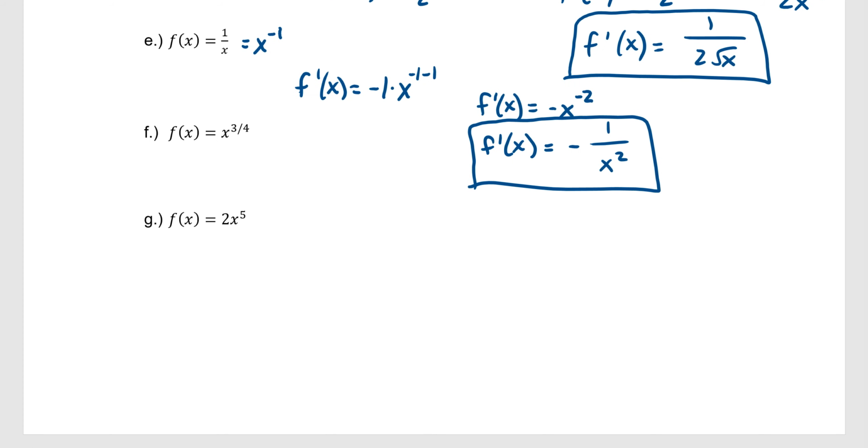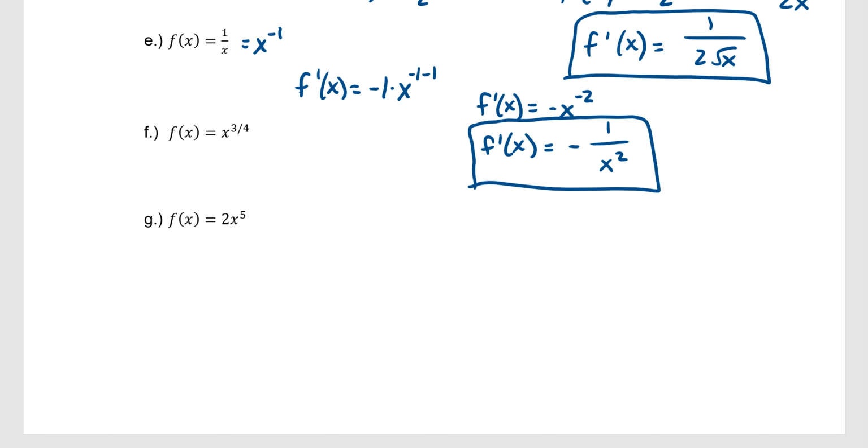We get 3/4 times x. 3/4 minus 1 is negative 1/4. And if you have to get common denominators for that on the side, okay, 3/4 minus 4/4 is negative 1/4. And we can leave it like that, or once again, we can make it positive by putting it in the denominator.